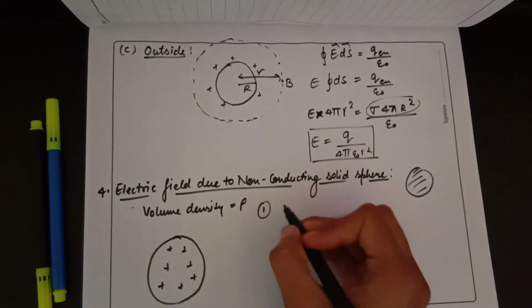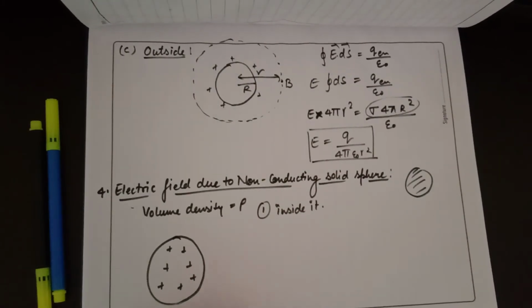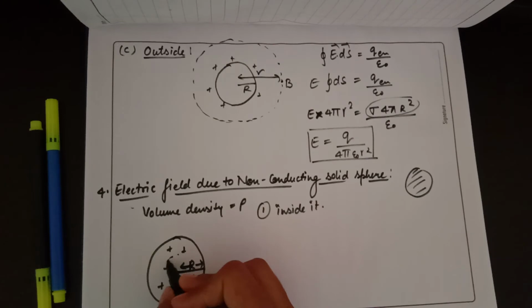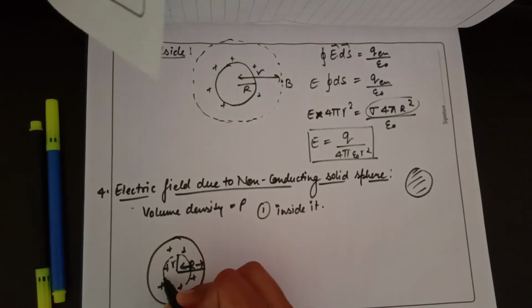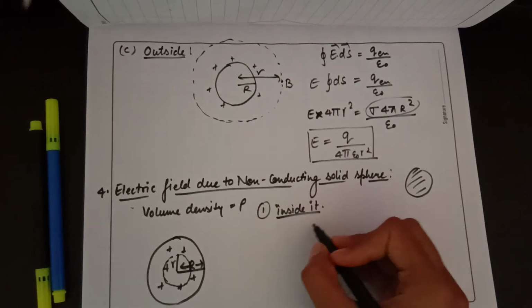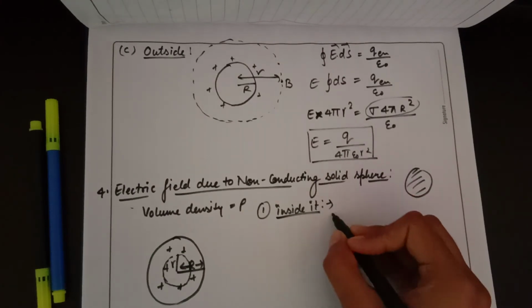So the first case is inside it. If the radius of this sphere is denoted by capital R, and I want to calculate the electric field at any point which lies inside at a distance of small r, I will first create a small Gaussian surface, and to calculate the electric field inside it, I will use Gaussian theorem.